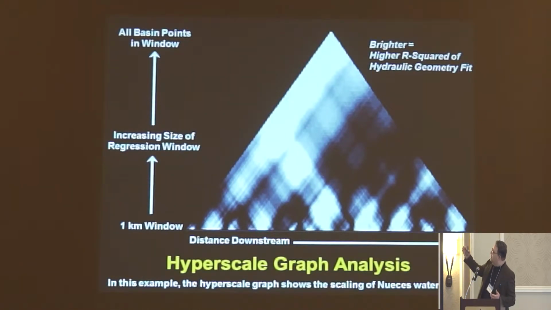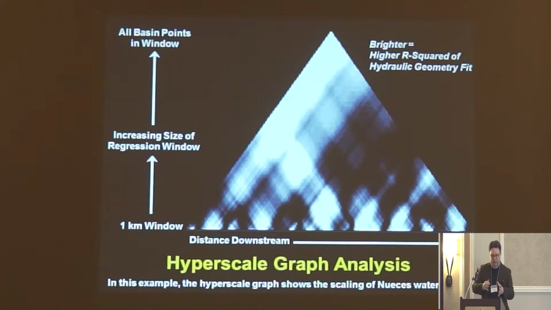This is a strange kind of graph that basically breaks the river into a series of windows of different sizes. The top of the triangle shows the entire river, and the bottom of the triangle shows the river broken up into very tiny chunks, and in between, it's everywhere in between. And what the colors are showing here, or what the shades of gray are showing, are basically those places where the widths of the rivers are more or less like the downstream hydraulic geometry.